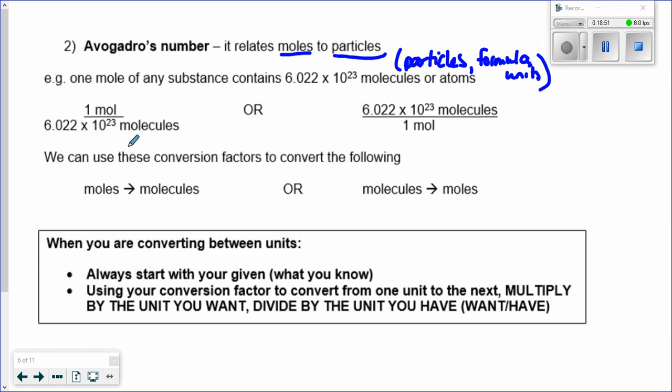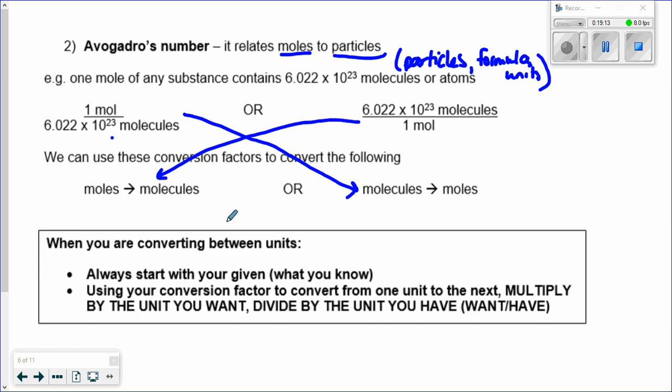So we can use these conversion factors to convert from moles. Sorry, these ones are kind of backwards. We can use this one to convert from moles to molecules, and we can use this one to convert from molecules to moles.